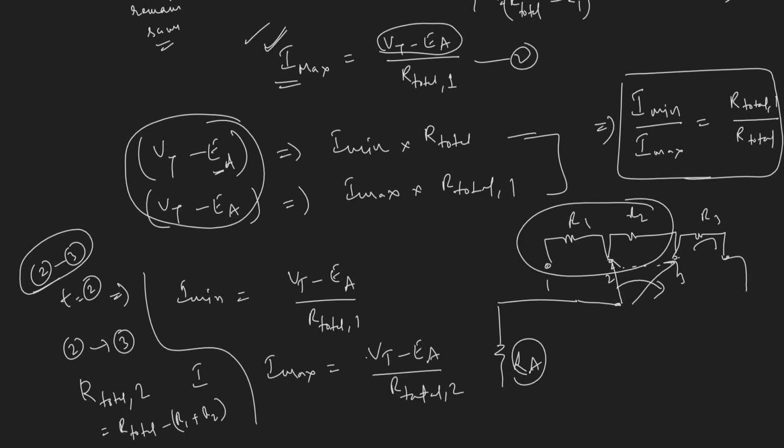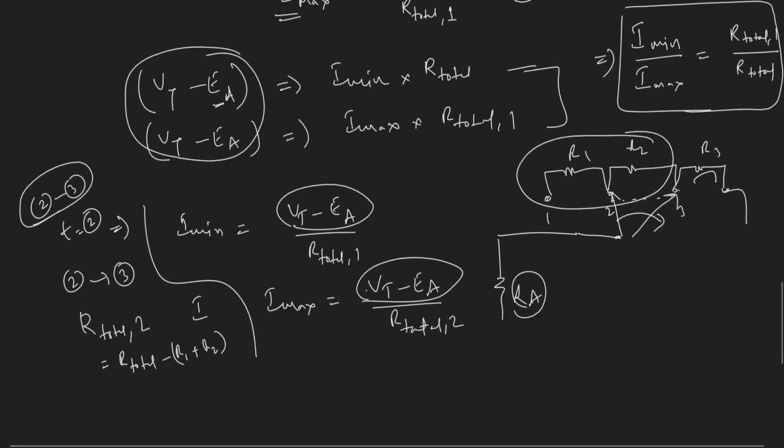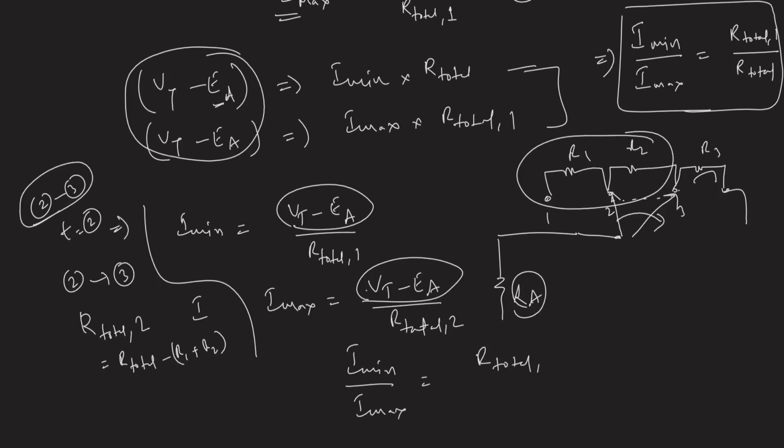comma 2. So again if I equate these two, because this Vt minus Ea are same in both equations, then I will have a similar type of equation, that is I minimum by I maximum is equals to R total comma 2 by R total comma 1.